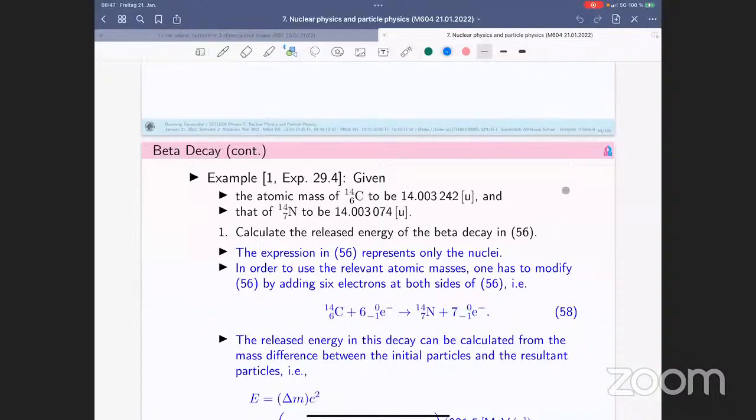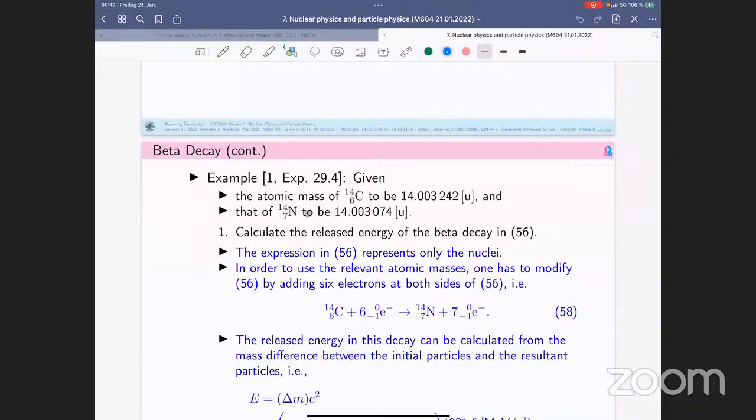And for atomic mass, it has a little bit of deviation from the exact 14. And the nitrogen 14 too, even though it also has 14 nucleons, the atomic mass is quite different. It's 14.003 and 0.74, right?